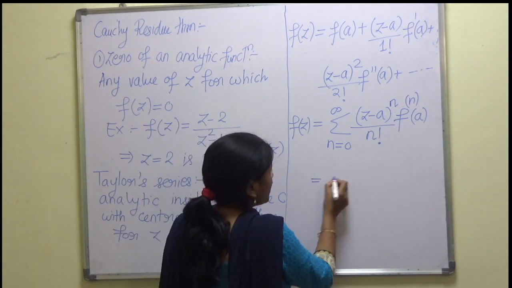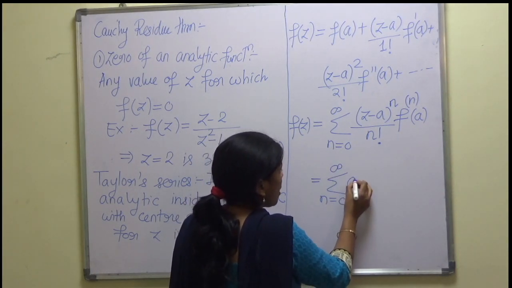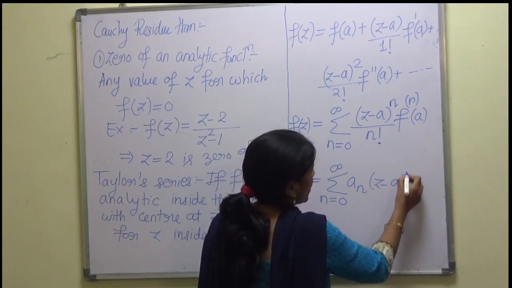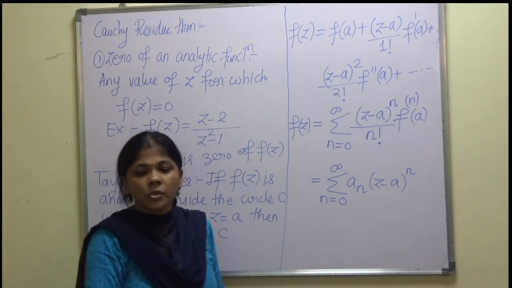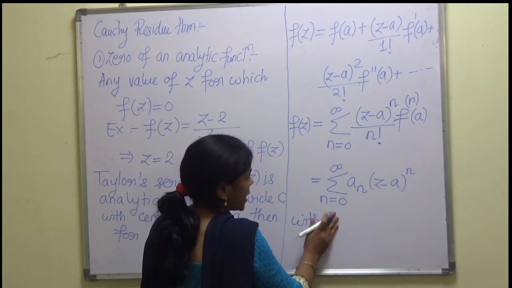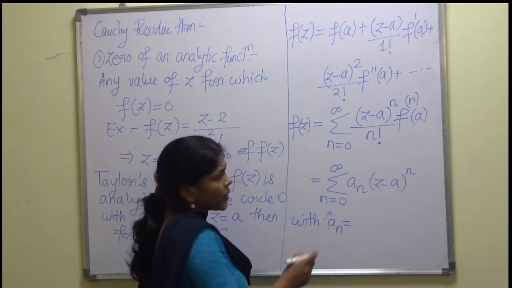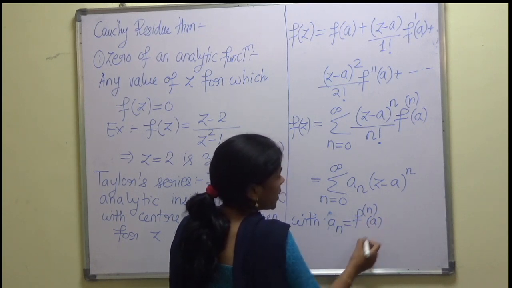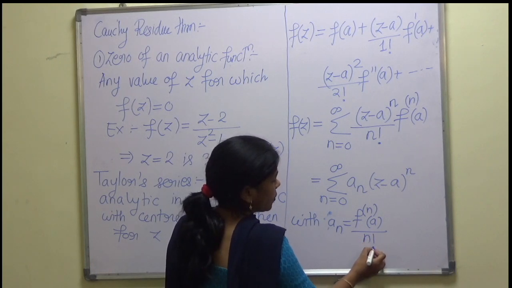This we can again rewrite as summation n equal to 0 to infinity of a n into z minus a raised to n, with obviously a n as, if you compare these two, what you will find, a n is nothing but nth derivative of f of z at z equal to a upon n factorial.